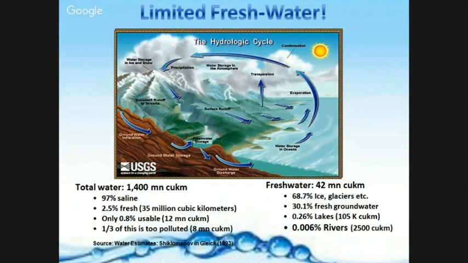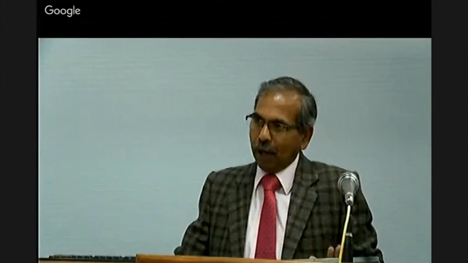One of the most striking realities with respect to this natural resource, I'm using the word natural resource now very confidently because all of you have accepted that, is what is given in the bullets there. We have only less than 3% of the water which is to be called fresh water, 97% of which is contained in the seas, which is saline, which is not directly usable.